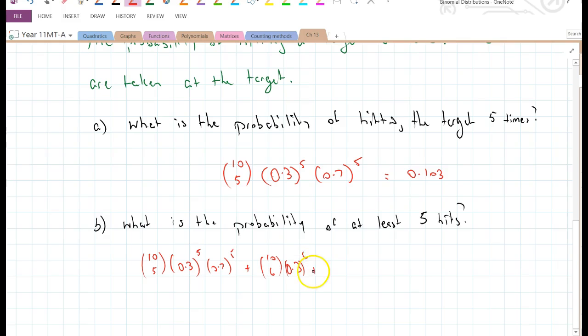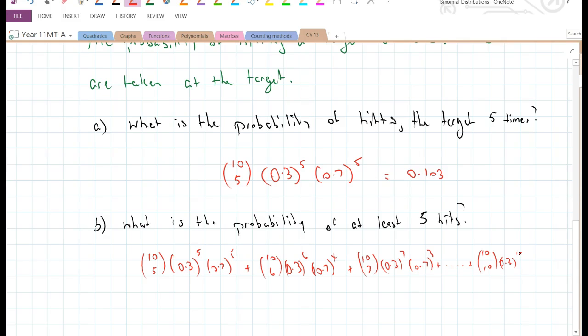Okay, you can see what's going on here. 0.7 to the 4, plus the probability of 7 hits. Okay, 0.3 to the 7, 0.7 to the 3, and you can see this is going to go all the way up to 10 hits, which is 0.3 to the power of 10. We can do all that.